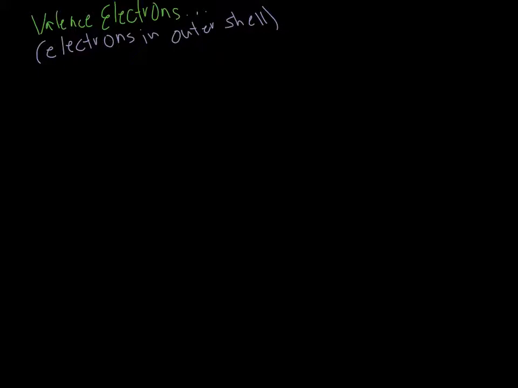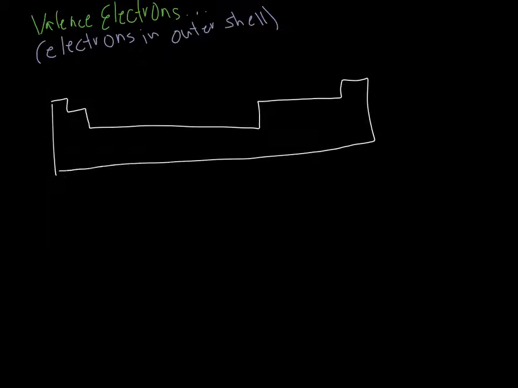So if again we were to draw an outline of the periodic table, we would use the columns to identify how many valence electrons. Now remember, 8 is the most stable, so the most you can have is 8 valence electrons.